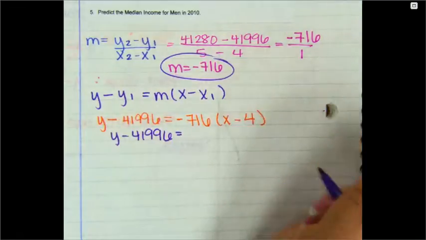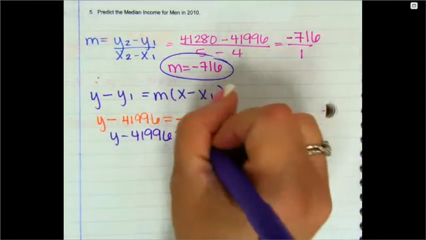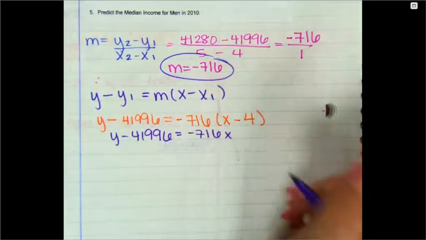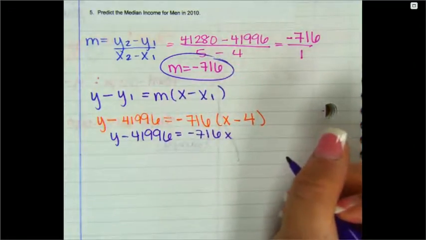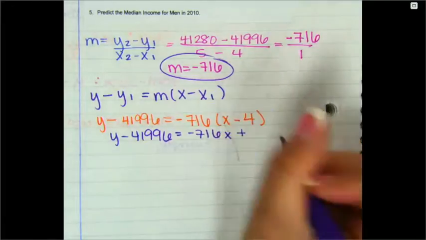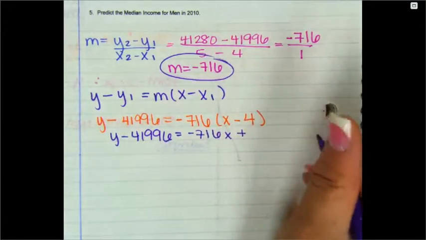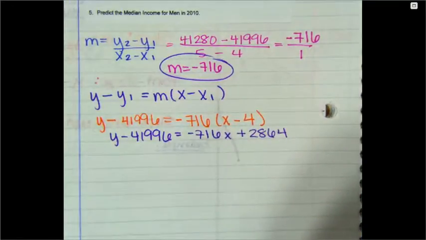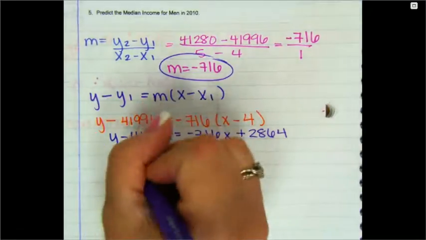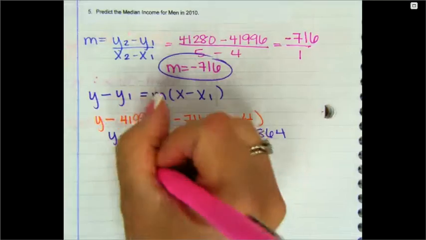When I distribute negative 716, I get negative 716 times x. What's the next part? Minus or plus? Plus. What's 4 times 716? 2864. Okay. Now what do I do? Good. You add 41,996. So add this to both sides.